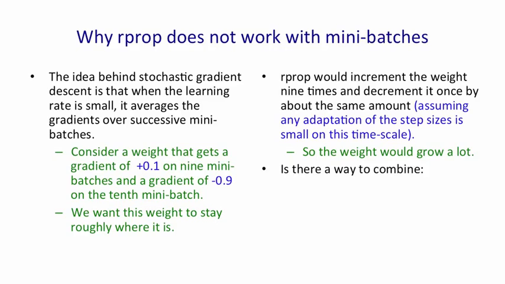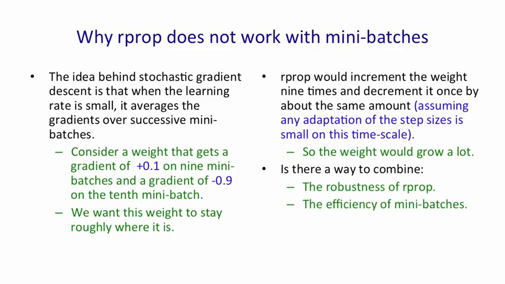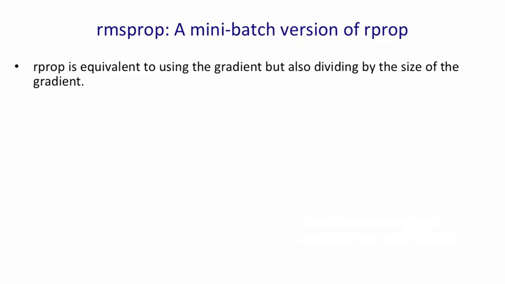So the question is, can we combine the robustness that you get from Rprop by just using the sign of the gradient, the efficiency that you get from mini batches, and this averaging of gradients over mini batches, which is what allows mini batches to combine gradients in the right way. That leads to a method which I'm calling Rmsprop, and you can consider it to be a mini batch version of Rprop.